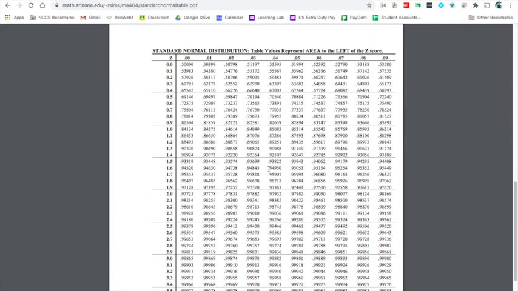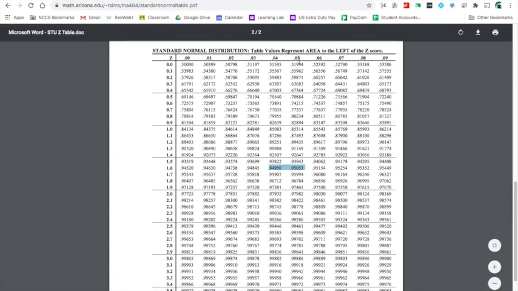It looks like between these two values the probability jumps from 0.94950 to 0.95053. So right in between those two values is where the correct answer lies. That would be between 1.64 and 1.65, which agrees with what the calculator told us. So 1.645 fits right in between these two values.